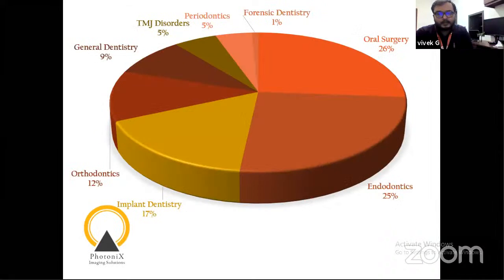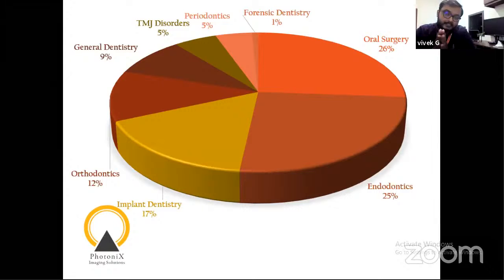Now, I'll move on quickly to some of the indications of CBCT in general. If you talk about endodontic applications of CBCT, or oral surgical applications of CBCT, all these topics are a session in itself. It is very difficult to combine it all together into one session.